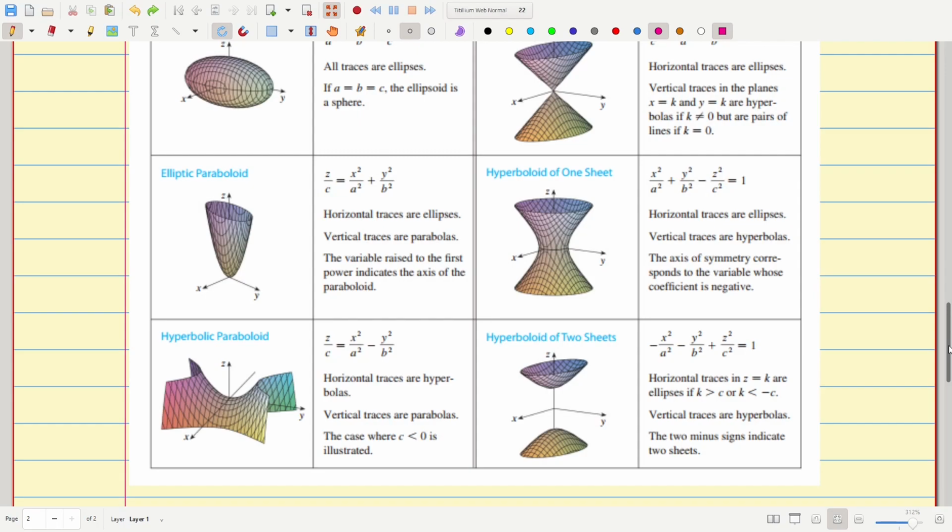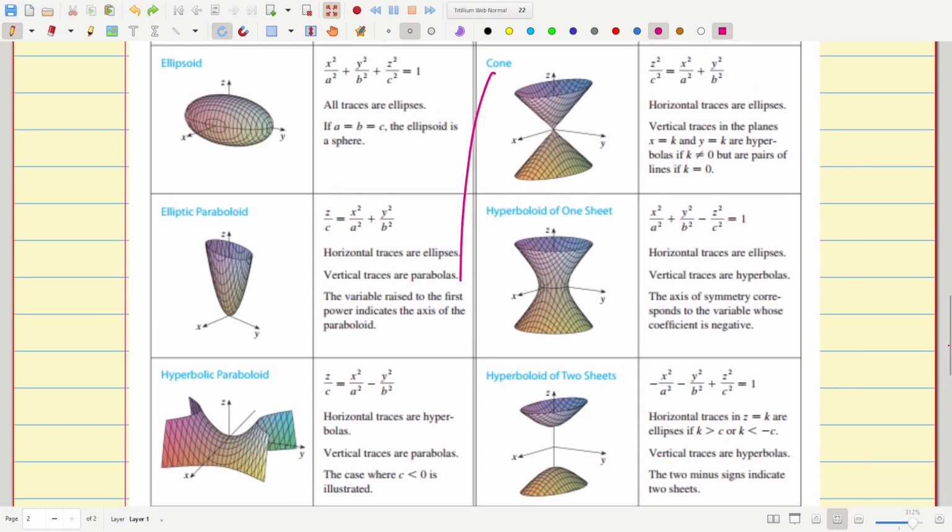And then you count your squares, you count your negative signs, and then you check to see if the constant is positive, negative, or zero. Positive, negative, or zero affects what kind of hyperboloid you have. A cone is a degenerate hyperboloid that constricts to a point at the origin. And then the other hyperboloids you have are either of one sheet or two.